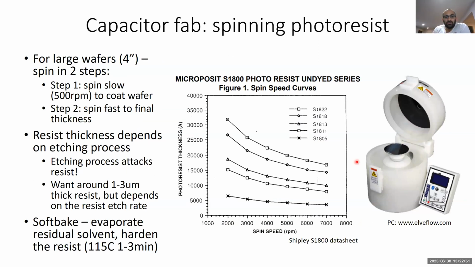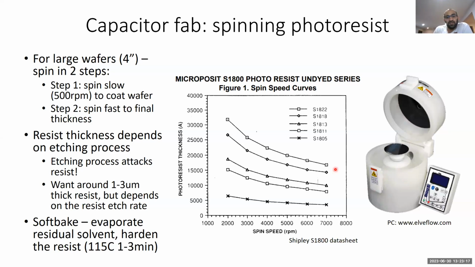So we spin photoresist using a spinner. It basically has a vacuum chuck that holds your wafer and spins it at very high speeds. You dispense some resist on your wafer, and then the spinner will spin. The rotational forces will cause that resist to distribute itself out and evenly coat your wafer.